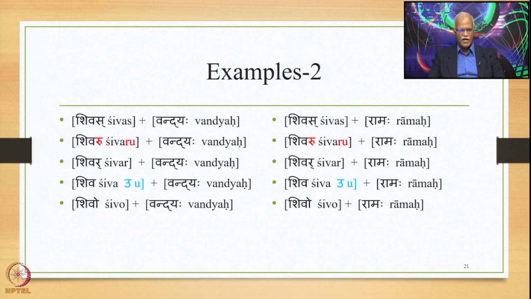Similarly, Shivas Vandyaha, and we have Shivaru Vandyaha, and then finally we get Shiva u Vandyaha, and then by adgunaha we get Shivo Vandyaha. Similarly, Shivas plus Ramaha, so Shivaru Ramaha, Shivar Ramaha, Shiva u Ramaha, and finally Shivo Ramaha.